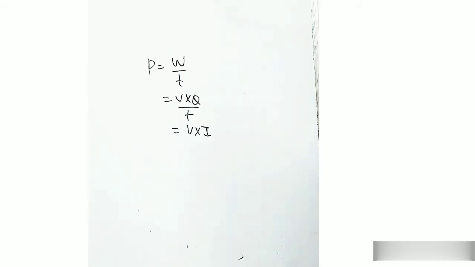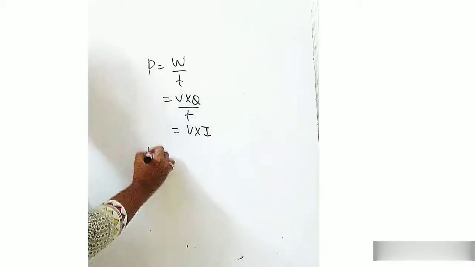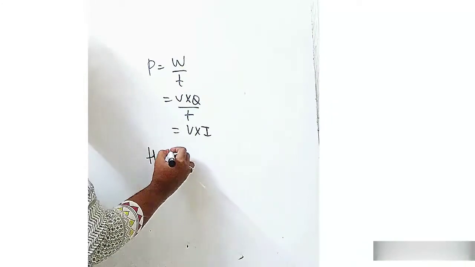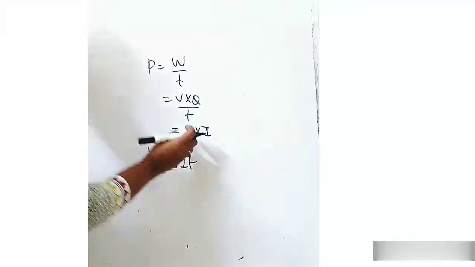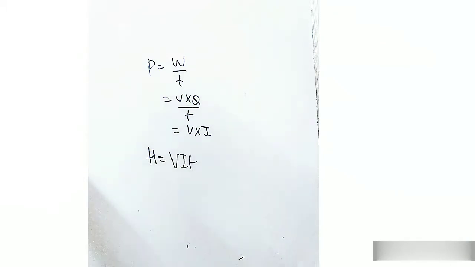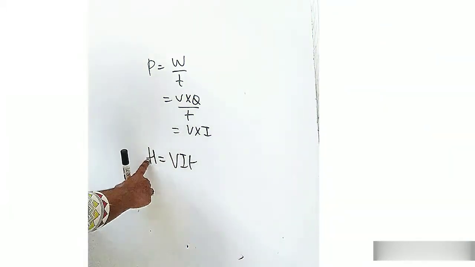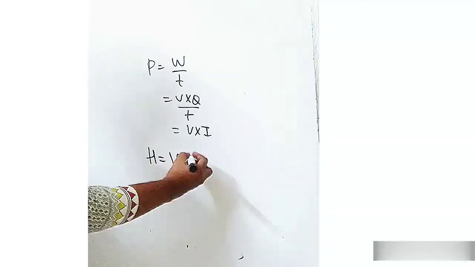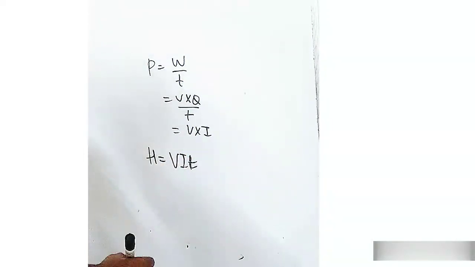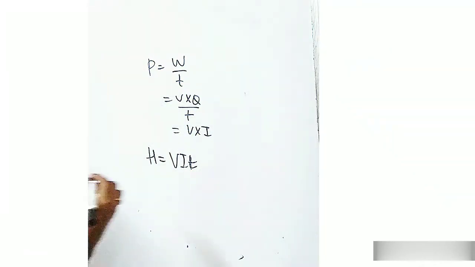Okay, students. So the amount of heat produced in time t will be, this is for the power, which is per unit time. Now this is for a particular time t. The heat produced will be V into I into t, student. So this is your formula. Now what is Ohm's law?